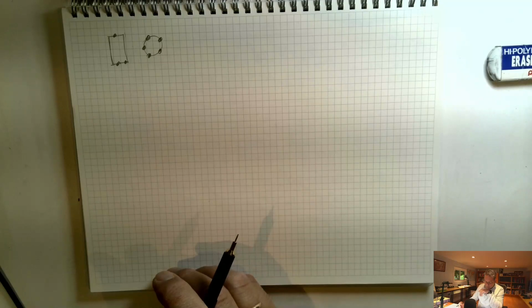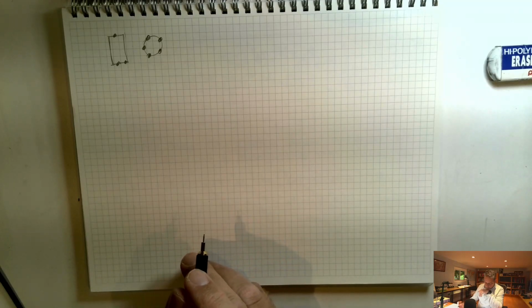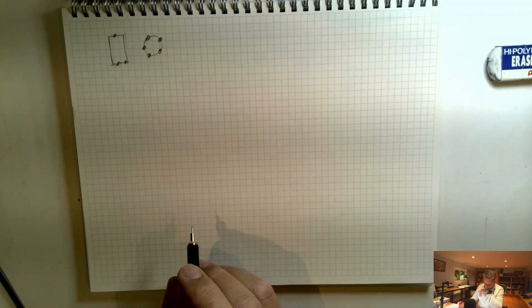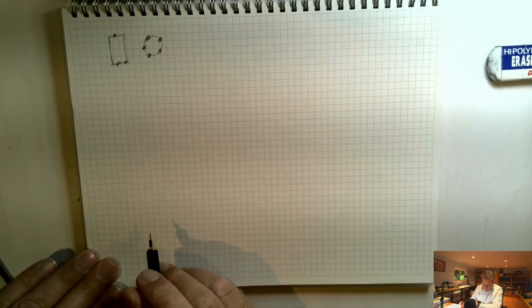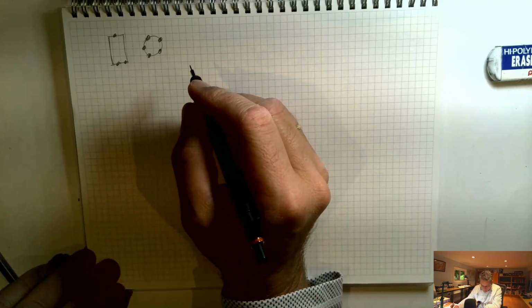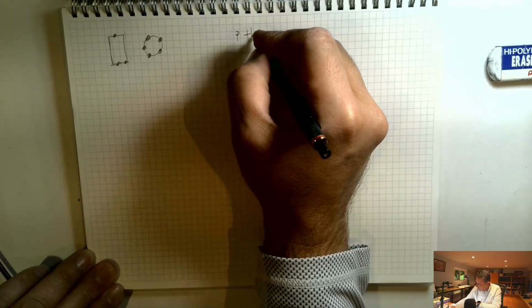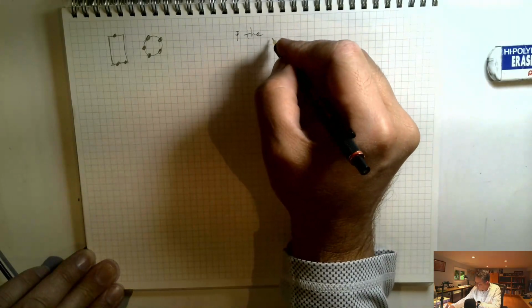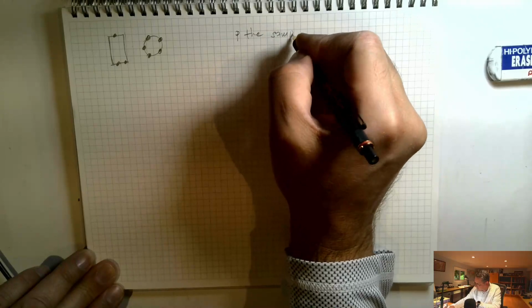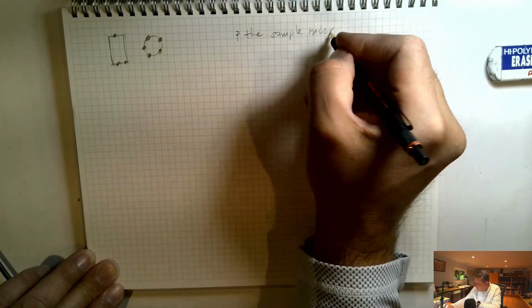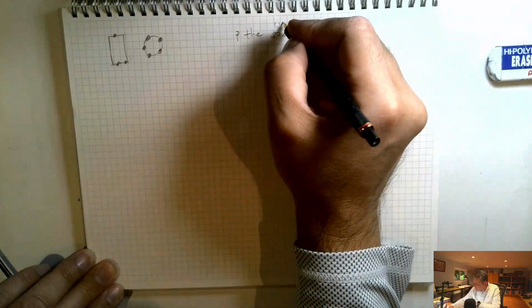So let's look at the following notation. I'm going to define P as the current sample index.